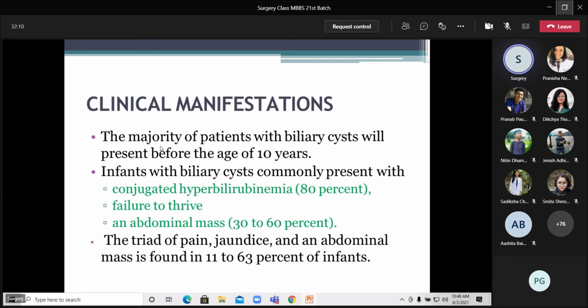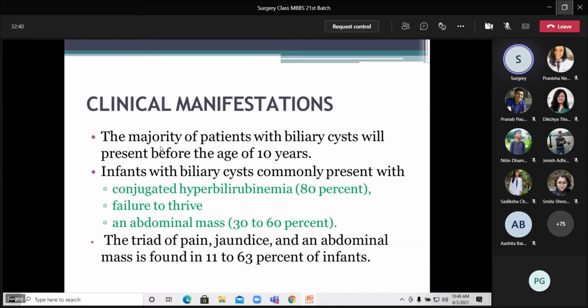Clinical presentation will occur before the age of 10 years in most cases. Infants with biliary cyst will have conjugated hyperbilirubinemia because of defective excretion; the cyst will not have normal peristalsis. So there will be stasis of the bile, and there will be a problem with the sphincters.